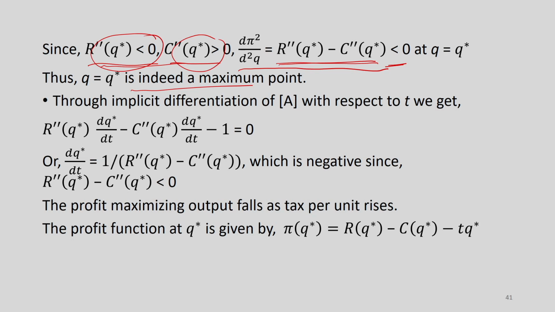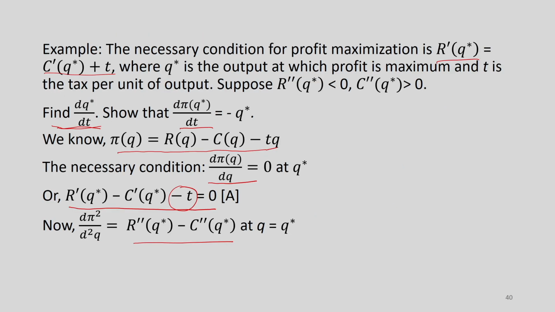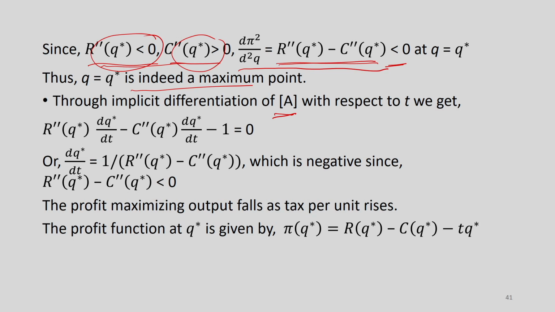Okay, what we do is that we take that condition A. What was this condition A? It is the necessary condition actually. From this condition we do the implicit differentiation with respect to t. Why t?